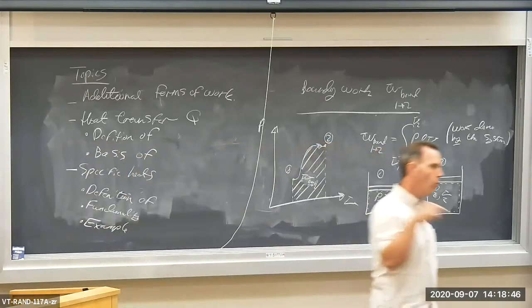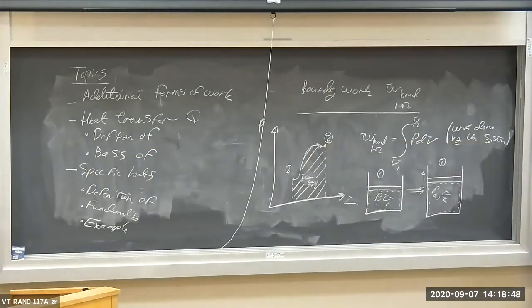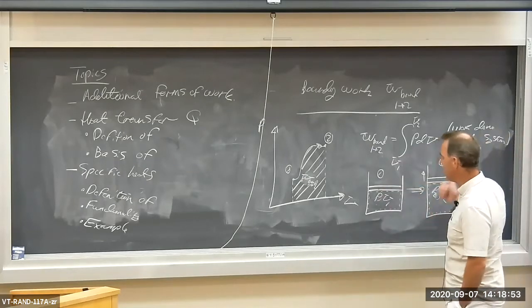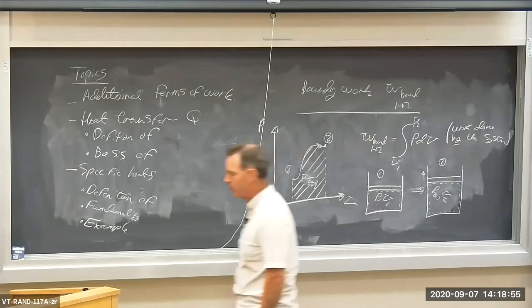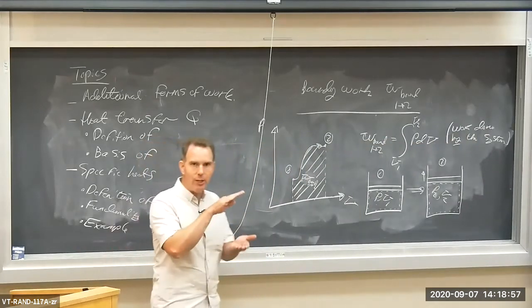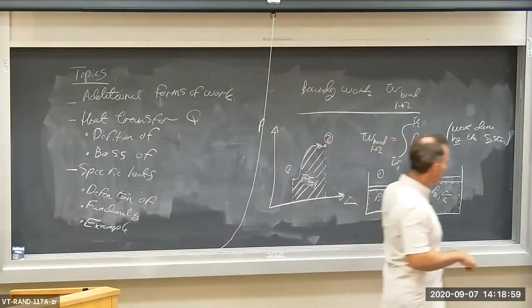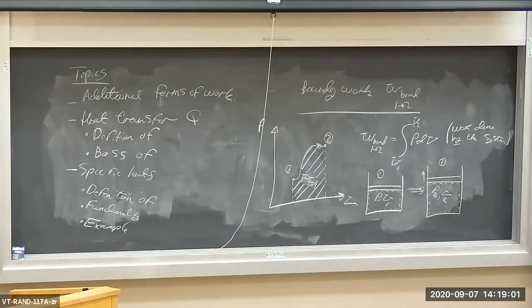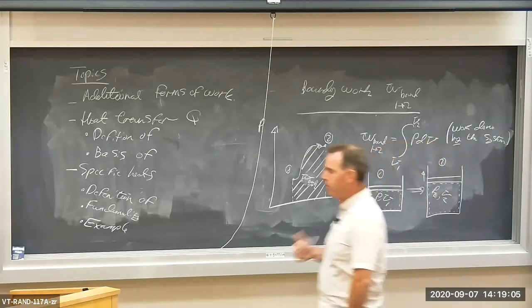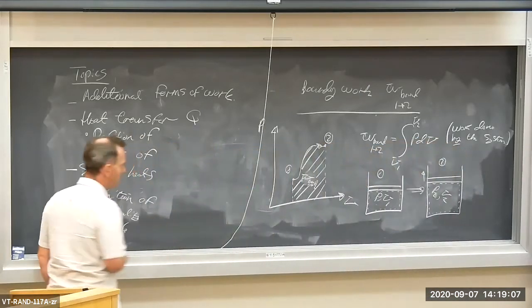If you do work on the system, so if I'm squeezing it down instead of letting it expand, I'm doing work on the system, then the volume change is negative, and this integral will be negative. So if that integral is positive, work is done by the system.